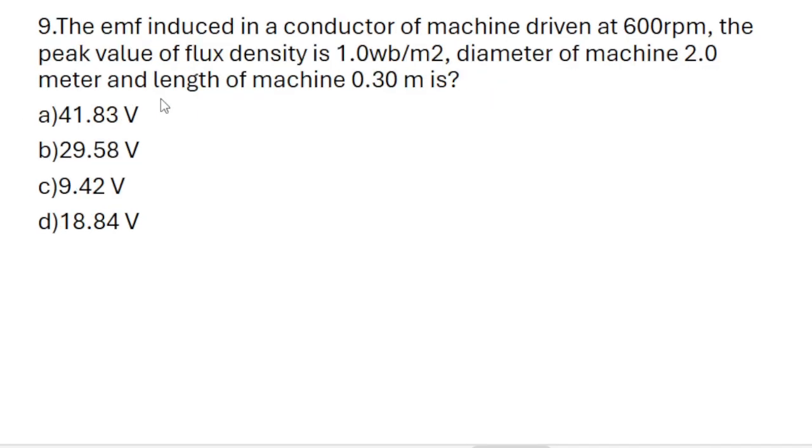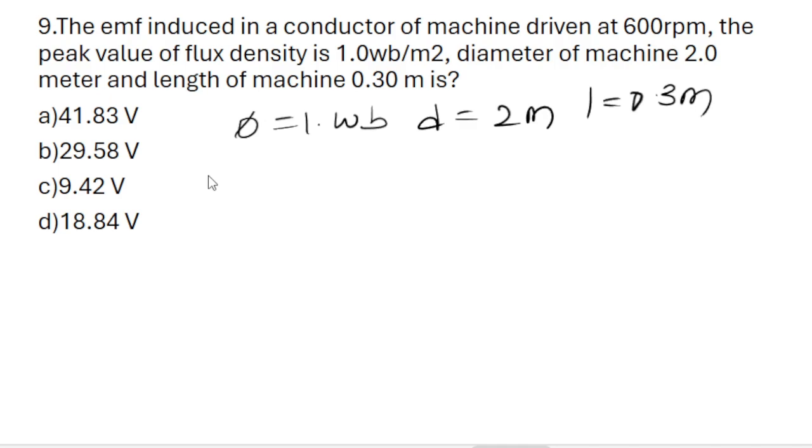Question is, the EMF induced in a conductor of a machine driven at 600 rpm, the peak value of flux density is equal to 1 Weber per meter square. Diameter of the machine D is equal to 2 meters. Length of the machine is equal to 0.30 meters. Here the question is asking to find out induced EMF in a conductor.